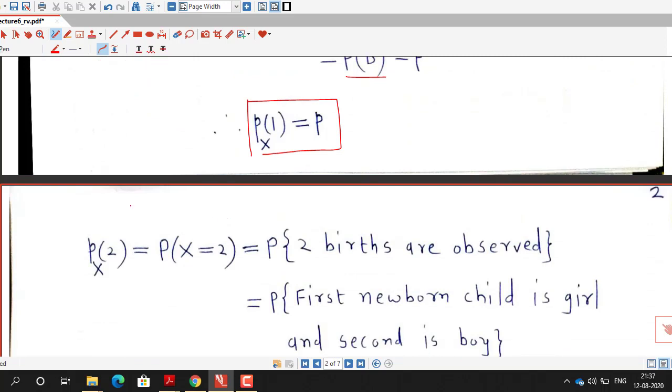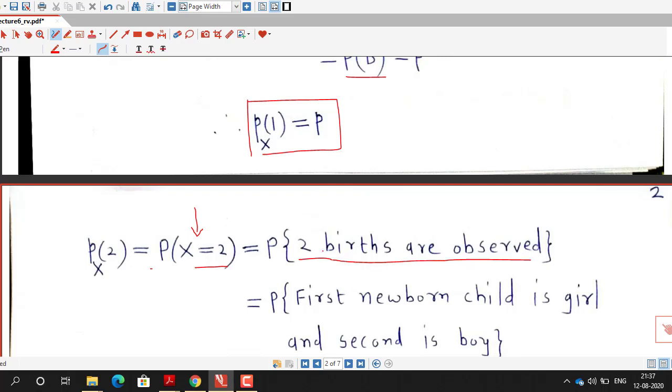Now we check for x equal to 2. So P of 2 is by definition the probability that capital X equal to 2. This represents the event that the number of children born is 2, that means 2 births are observed.